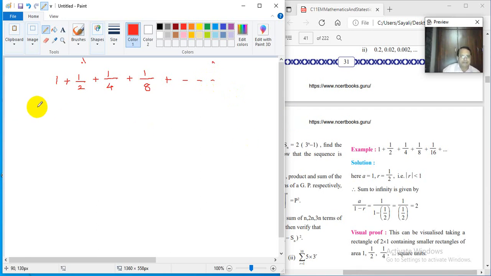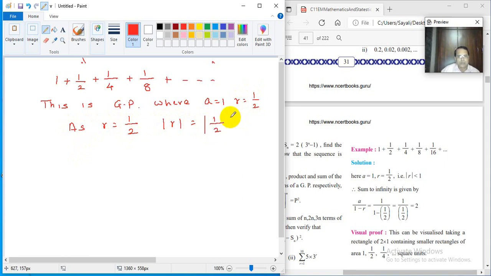So this is a geometric progression where a is equal to 1 and r is equal to 1/2. As r is 1/2, mod r will be mod of 1/2, so it is 1/2, and so it is less than 1.